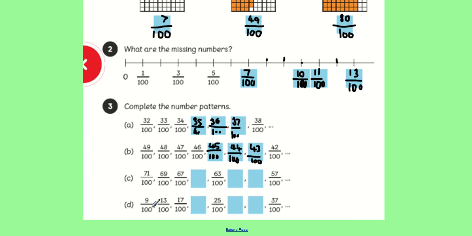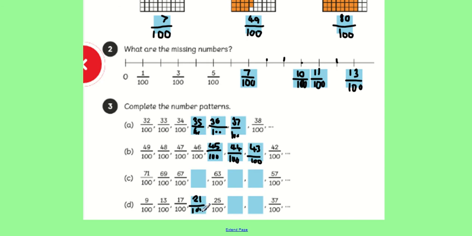Okay, and then the next one, 9 hundredths, 13 hundredths, 17 hundredths. Okay, so I know I'm going up, but what am I going up in? Let's see, between 9 and 13 there is 4. Between 13 and 17 there is 4. Okay, so we're going up in 4s. So 17 add 4, I know that's 21. So 21 hundredths.